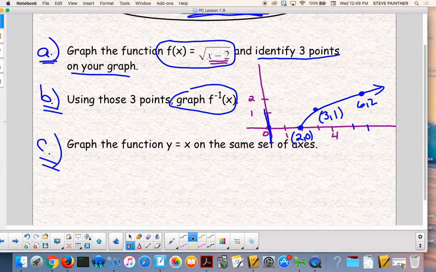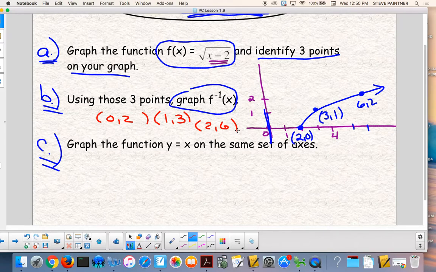I don't have to. Flip the points around. That's what we said in the very beginning. Whatever points are on your function, what's on the inverse function? Opposite. Just reverse it. So instead of 2, 0, you're going to have 0, 2. Instead of 3, 1, 1, 3. Instead of 6, 2, 2, 6. That's all you had to do.